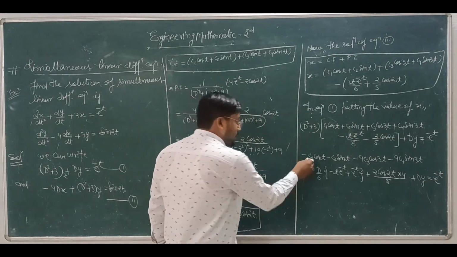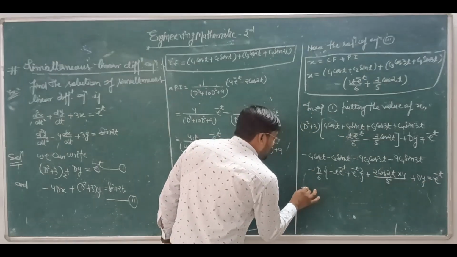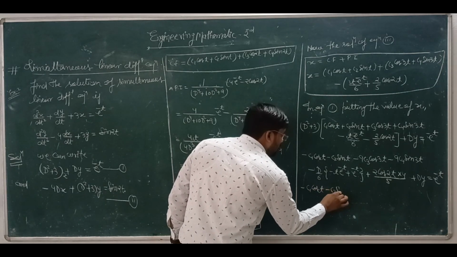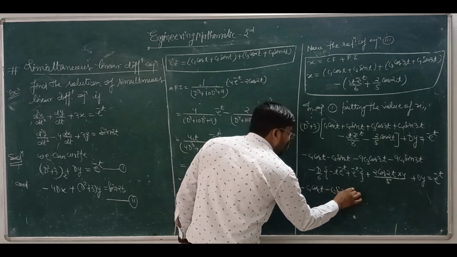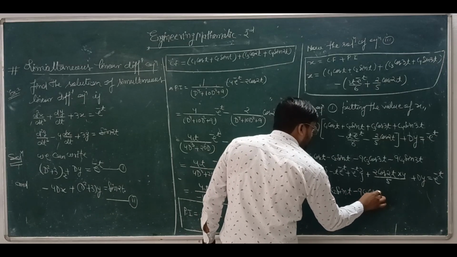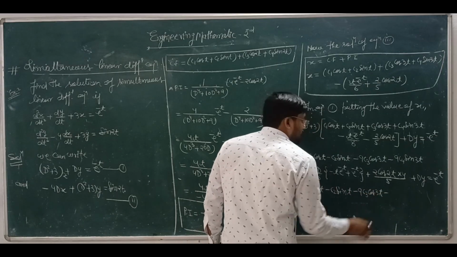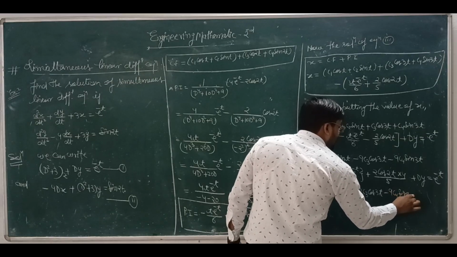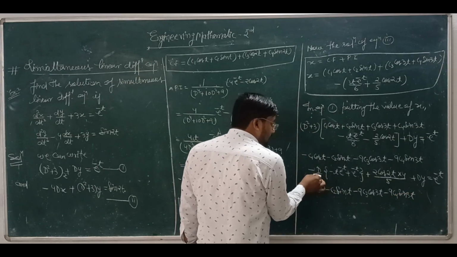Now you can solve this function. You can write minus c1 cos t minus c2 sin t minus 9 c3 cos 3t minus 9 c4 sin 3t. Now differentiate this value.